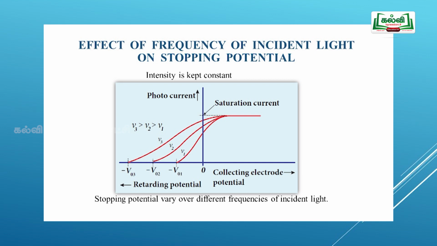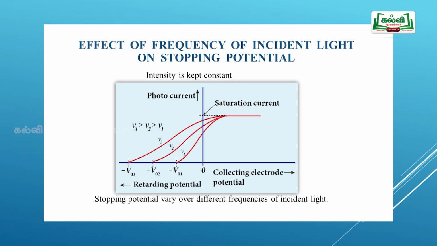Here nu3 is greater than nu2, which is greater than nu1. So the greater the frequency, the greater the stopping potential. But the saturation current remains the same. So the stopping potential is independent of intensity, but it is directly proportional to frequency.